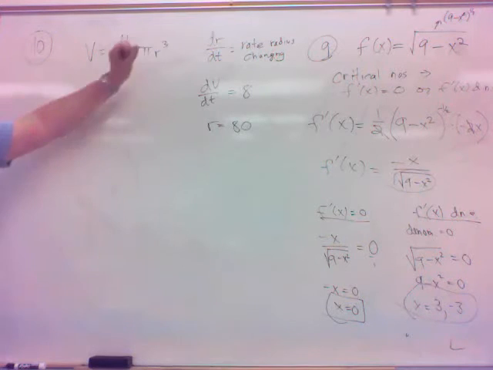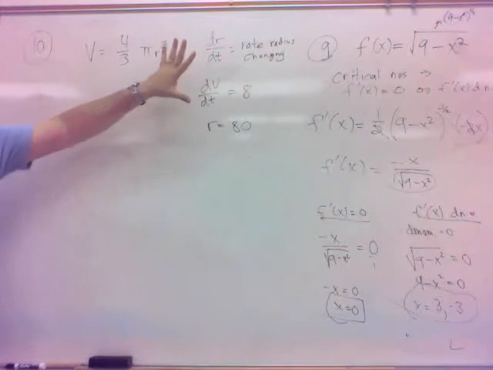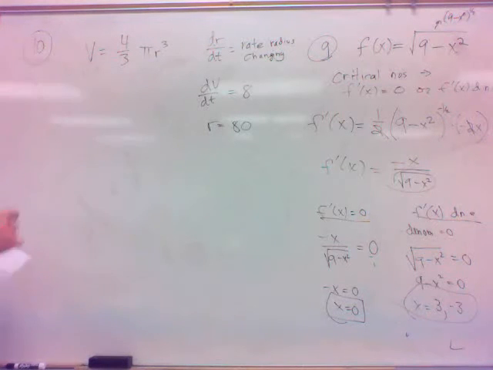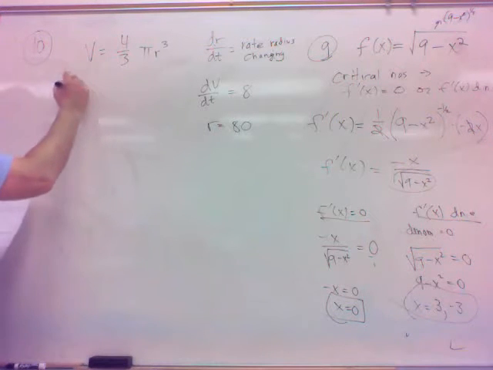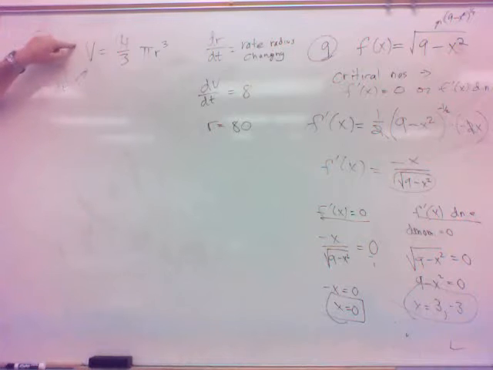So how do I find this dr/dt? I take d/dt of both sides, right? If I want dr/dt, I better take d/dt of both sides. So if I take d/dt of the V side, what does that give us? dV/dt.